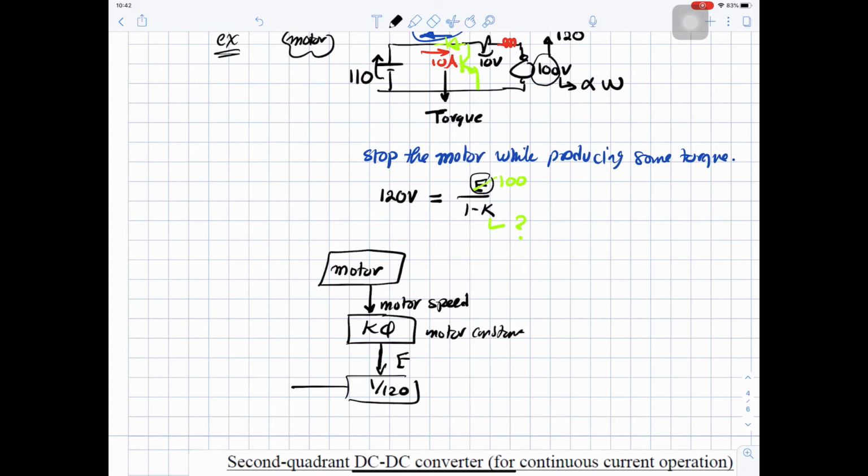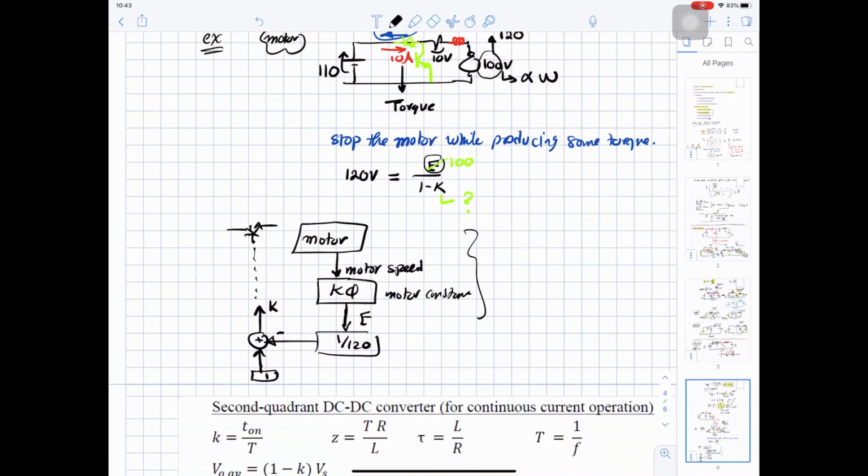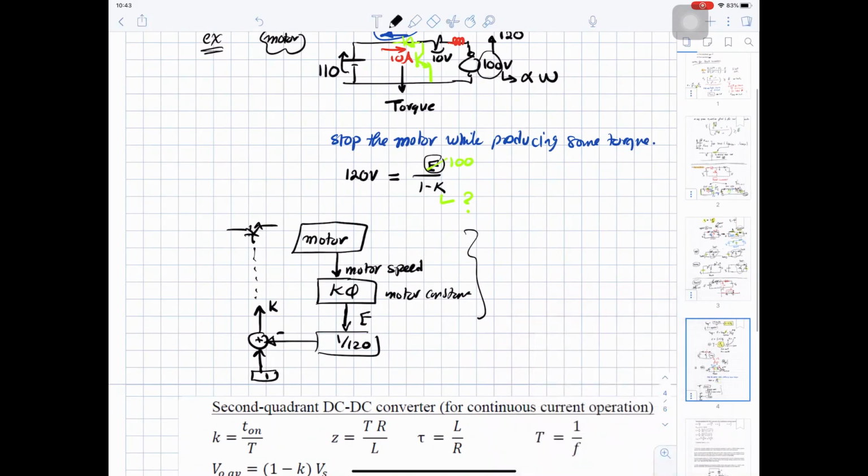This will give us 1 minus K. To get K, we will take this value and subtract it from the constant value of 1. This will give us K, and we will use this K to control the switch here. And this is a closed loop control to stop this machine using regenerative braking.